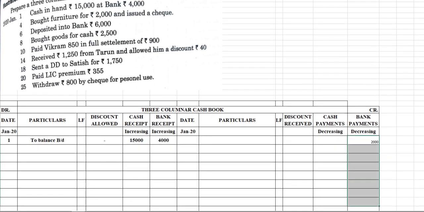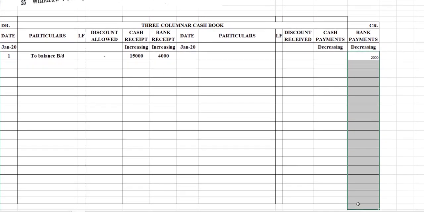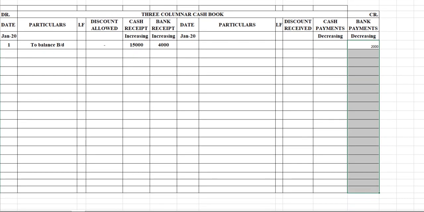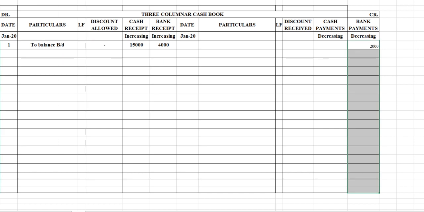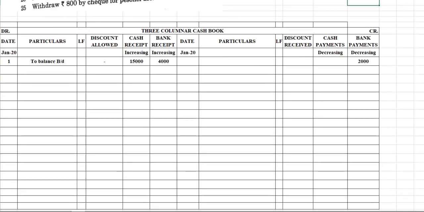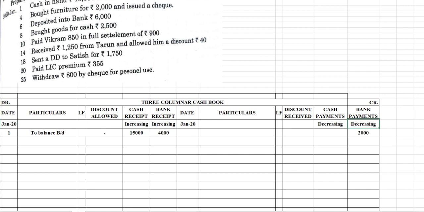Let me make this also the same format as whatever is here. The format should be the same, Times New Roman 14 size.